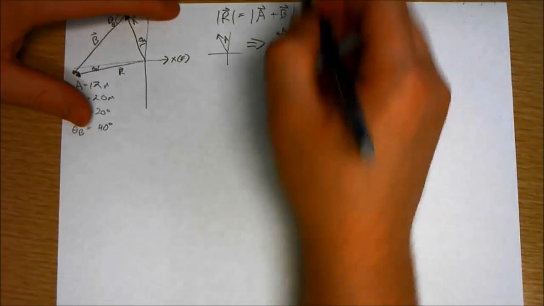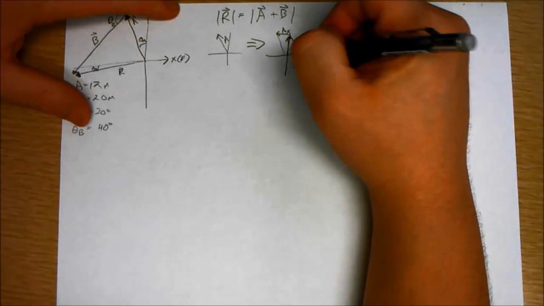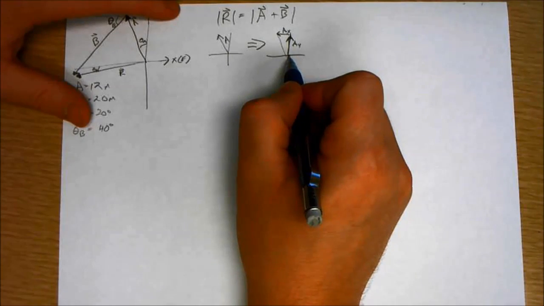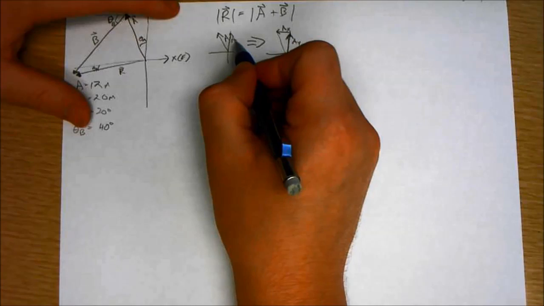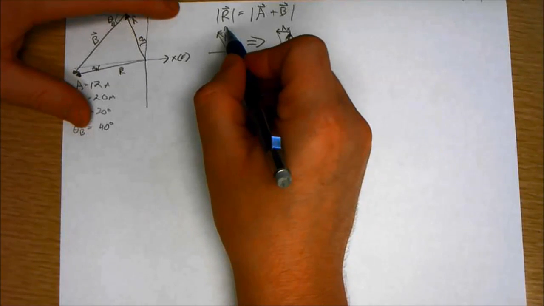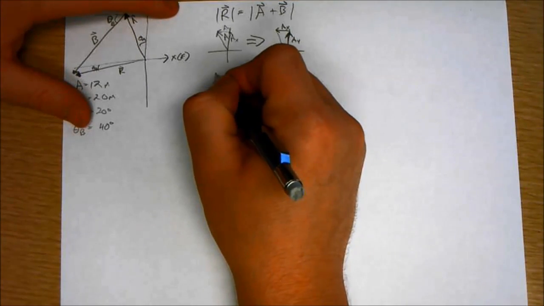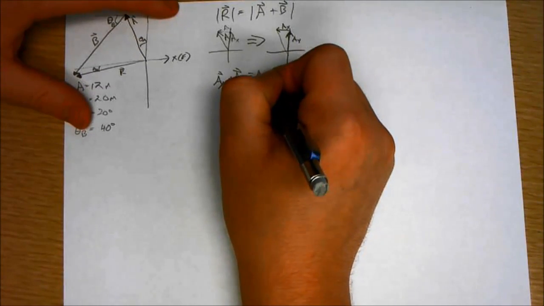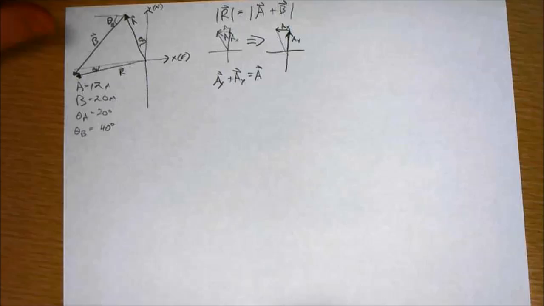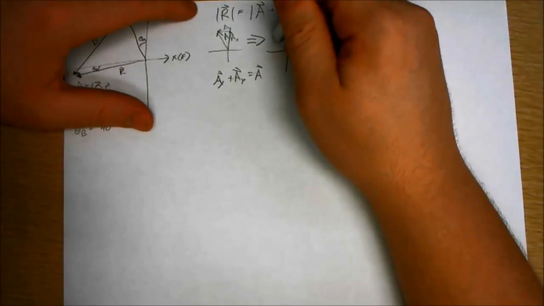I can do that because AY and AX end up in the same distance and direction as vector A. So vector AX plus vector AY equals vector A. But we're just going to use AX and AY.